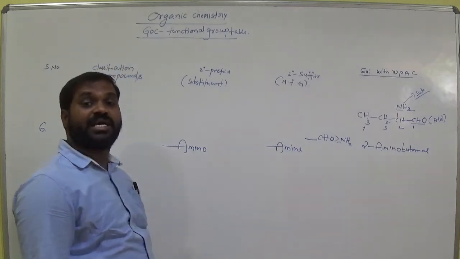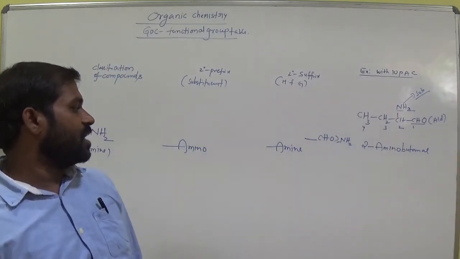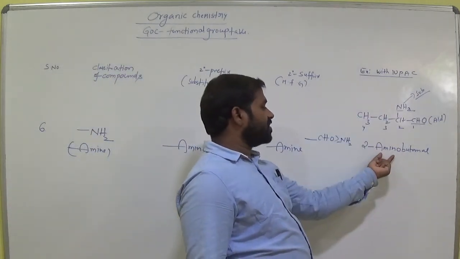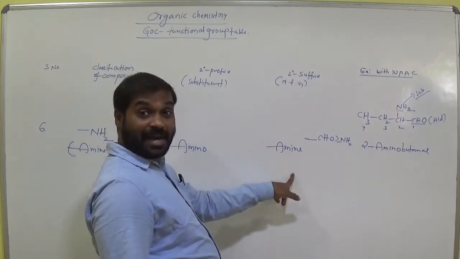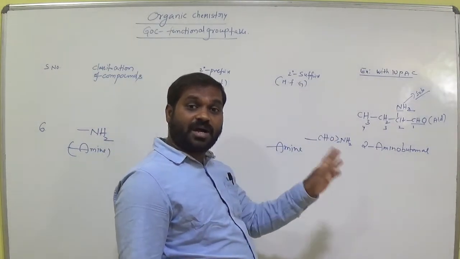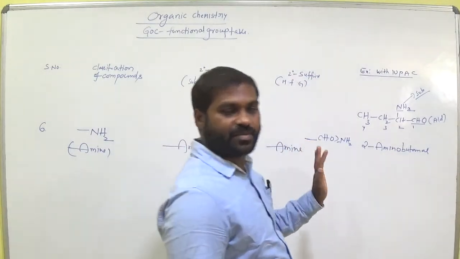Aldehyde is there. Then what is the secondary suffix? Al. Butane plus al, butanal. So 2 amino butanal. So NH2 as substituent, you have to write amino. As main functional group, amine: ethanamine, propanamine, hexanamine, or 2, 2 dichloro propanamine, like that. Okay? Did you get about this?